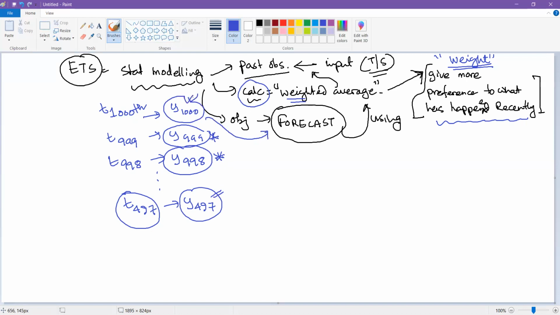If I'm trying to forecast what is going to happen at y1000, the recent n number of observations will get more preference, irrespective of the value of the time. I'm not really concerned about the value of the time because that is already there in my data. If I have the past data until t999, I know what is going to be t1000.